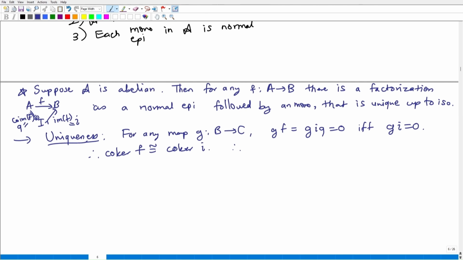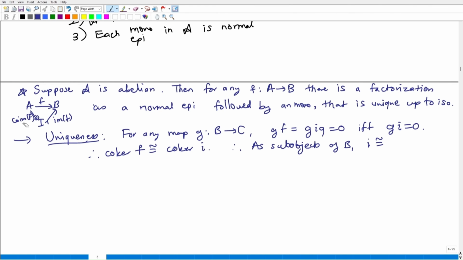Okay, so therefore, as subobjects of B, I is isomorphic to, oh sorry, I think I'm making a mistake here. I should not have written this.